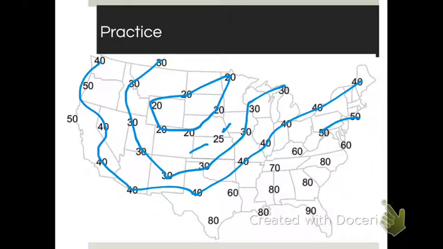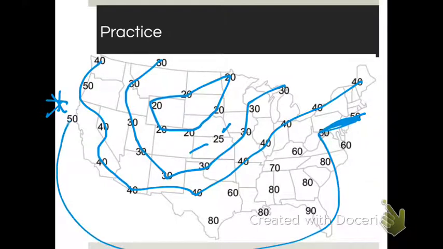The next 50 that I see after I do this one over here is way on the other side of the country. What I cannot do with an isotherm is get my line, go around here, and all the way over. Because do I have any data for this section over here? No, I don't.